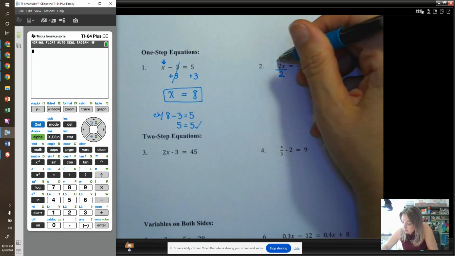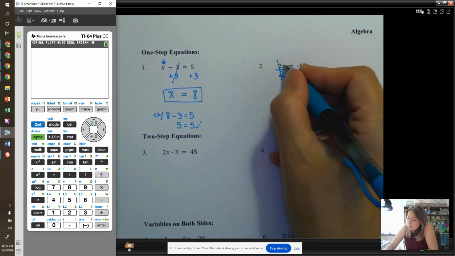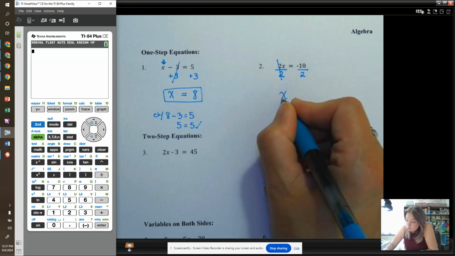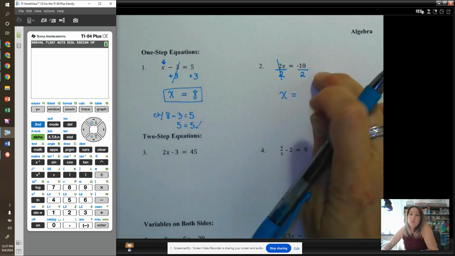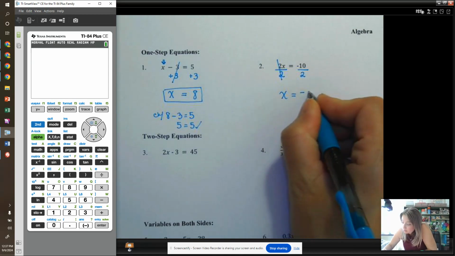We chose the multiplicative inverse, dividing both sides by 2, the inverse operation to multiplying by 2. And now we're doing it to both sides. 2 divided by 2 cancels out to a 1x all by itself, the goal. Now over on the other side, we got 2 numbers that can actually divide. Negative 10 divided by 2, negative 5.